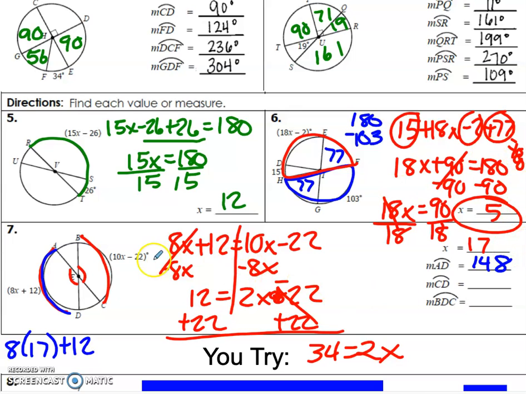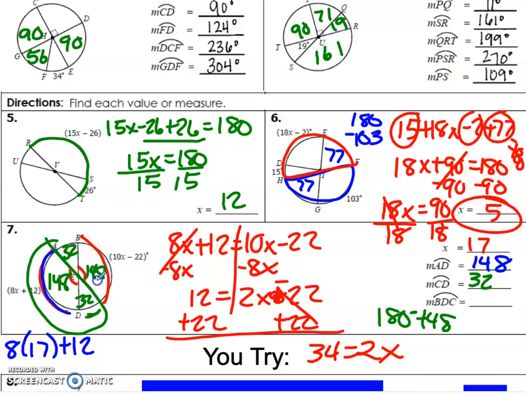The next one ultimately wants you to find CD, which is this minor arc. And so you've got to use your knowledge of this as a semicircle. And we just found that this piece is 148. And we know semicircles are 180. So 180 minus 148 is going to give you 32. And so you know each piece of the circle now, that's going to be 32, that's going to be 32, and that's going to be 148.